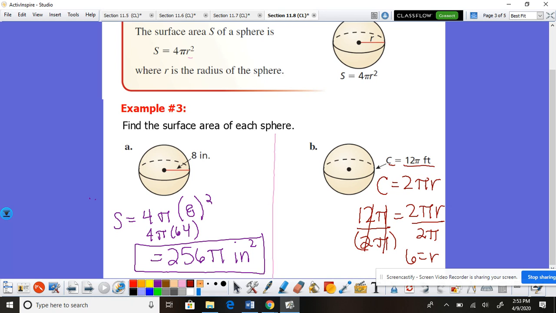Now that you have your radius, you can plug it into your surface area formula, which is 4 pi times 6 squared. 6 squared is 36, and 36 times 4 is 144 pi, and that would be in feet squared. And there's your answer.